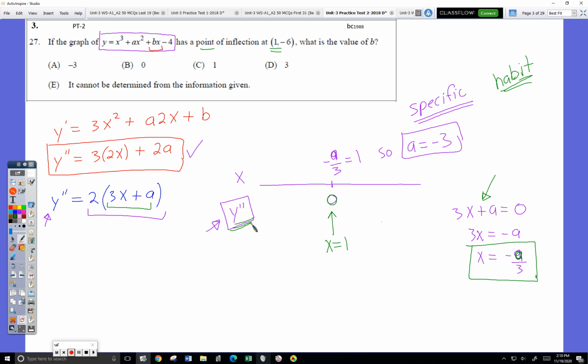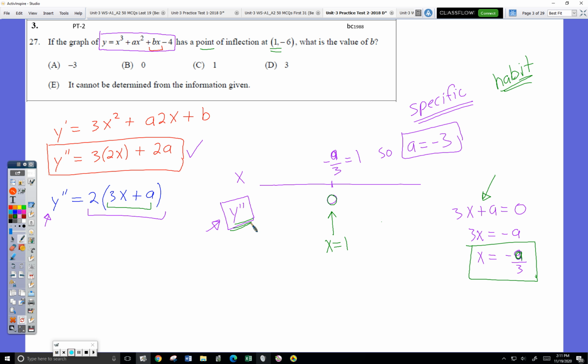Try this. If A is exactly that one's kind of implied. It's like they told us there's an inflection point.